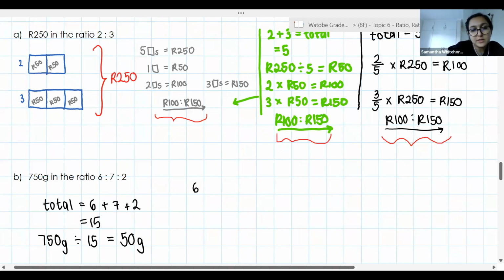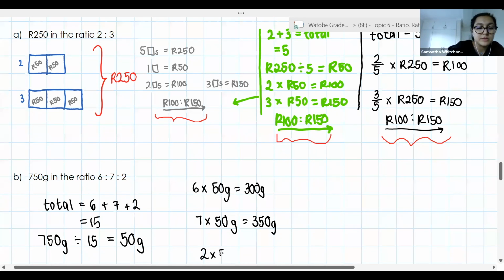So now I've got 6 parts that I should times by the 50 grams, which gives us 300 grams. 7 parts, which I must times by 50 grams, which gives us 350 grams. And 2 parts, which I must times by 50 grams, which gives me 100 grams. And so my ratio for the 750 grams divided according to what I've given you is 300 grams to 350 grams to 100 grams.